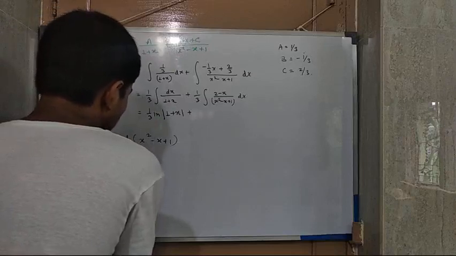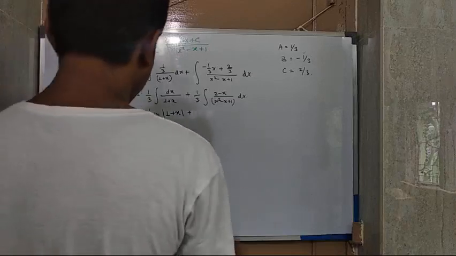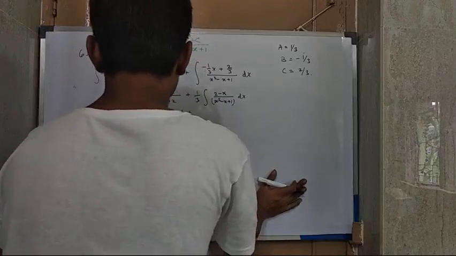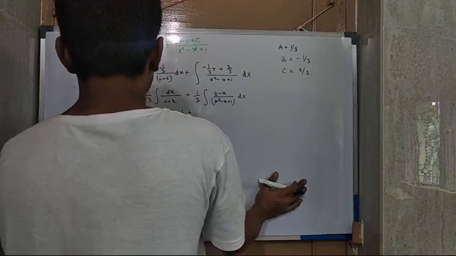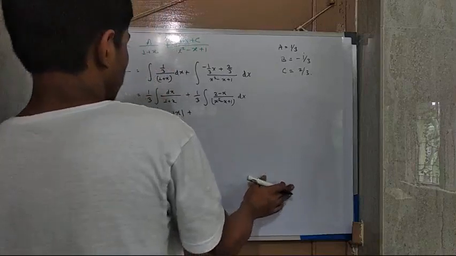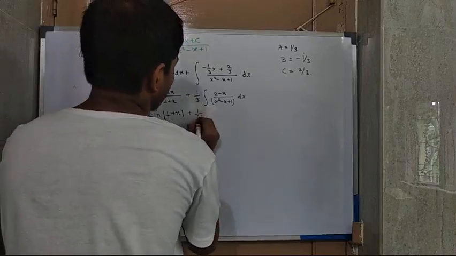This will give 2x minus 1, isn't it? So we need to have here 2x minus 1. So let's multiply it with 2.